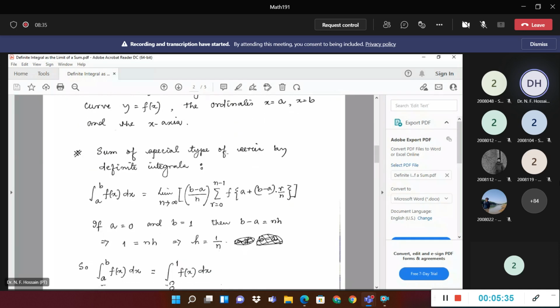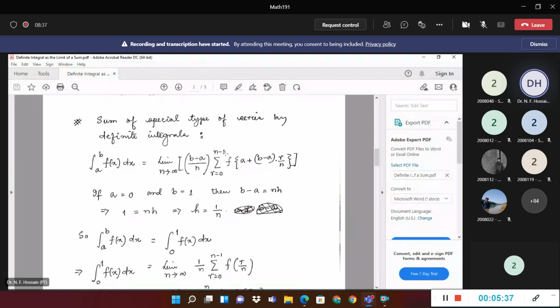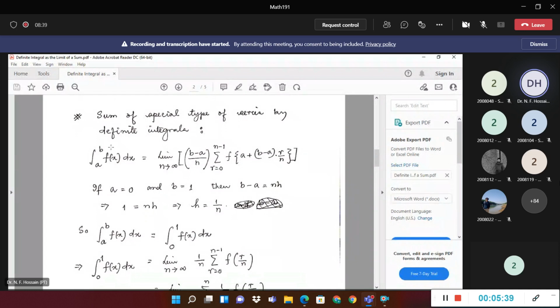Now some special types of series by definite integrals. This was the definition: the limiting value of this sum is defined as this integral. Now, if you put a equal to 0 and b equal to 1, what happens here?